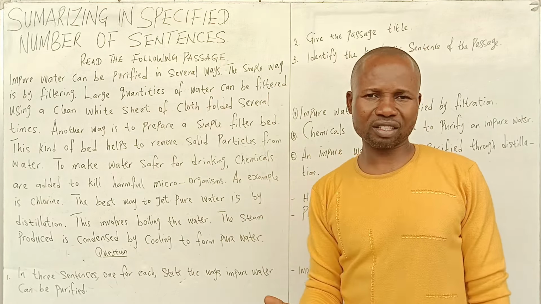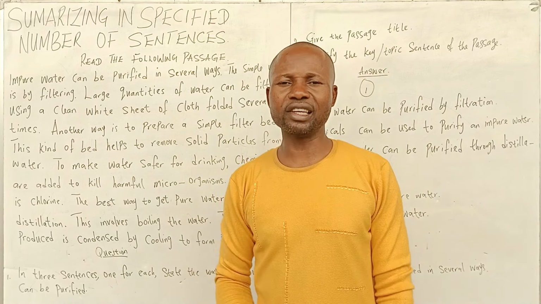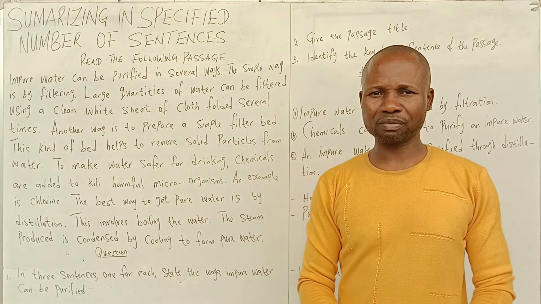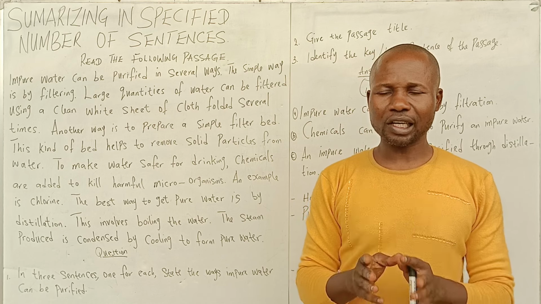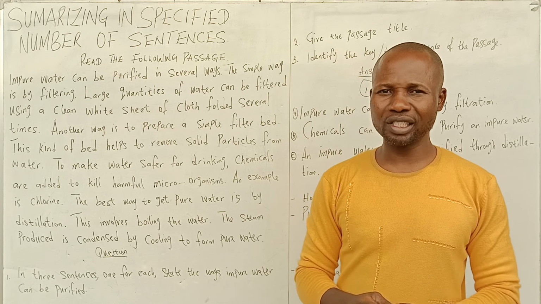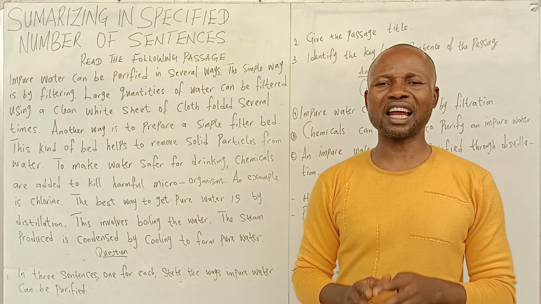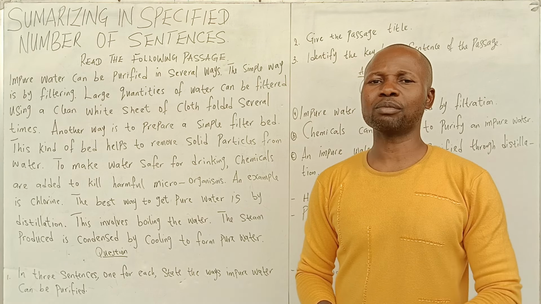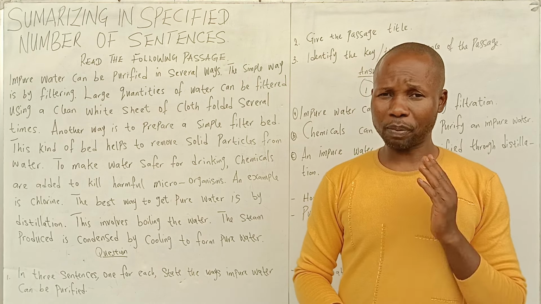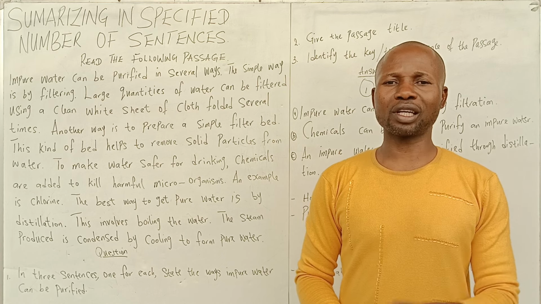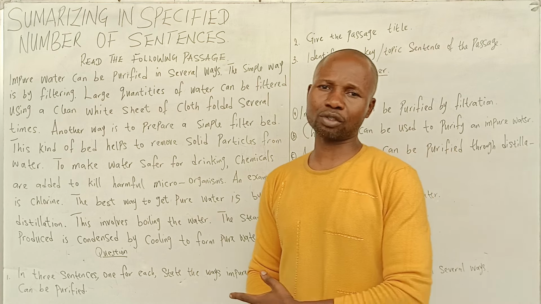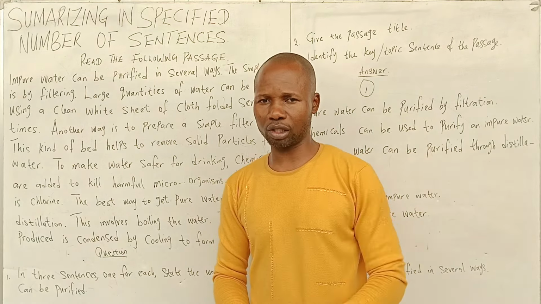The third time, you read it again before you start answering the questions. Please take note of this. You need to read it a minimum of 2 times, but advisably 3 times. Once you read a passage like that, you will understand it. But because of time, I don't want this video to take long. That is why I read it once.